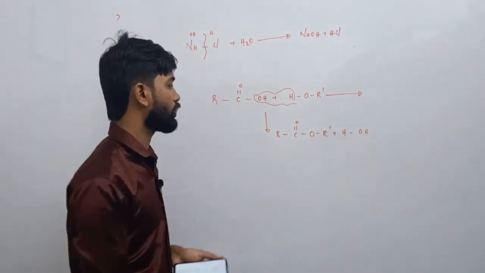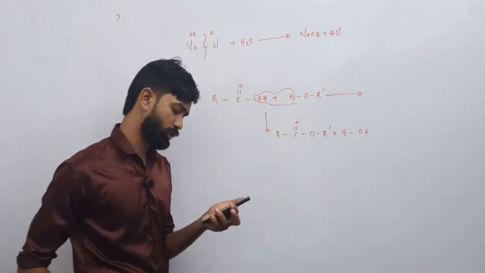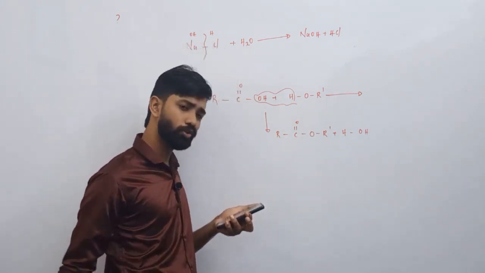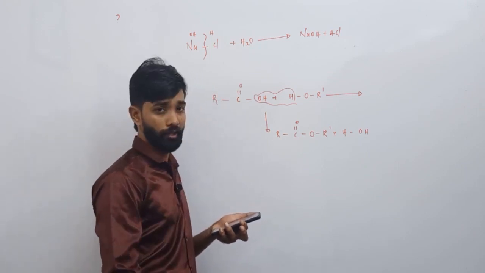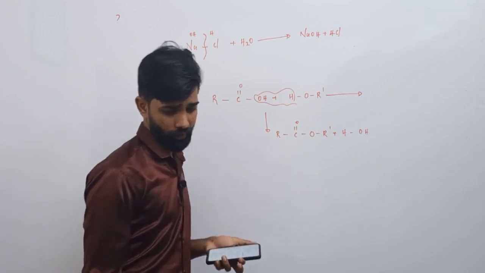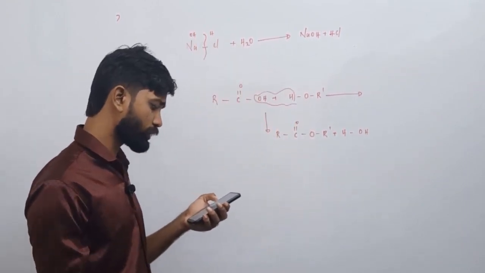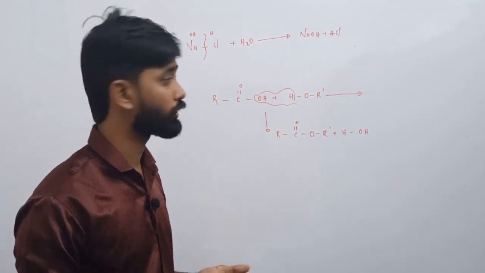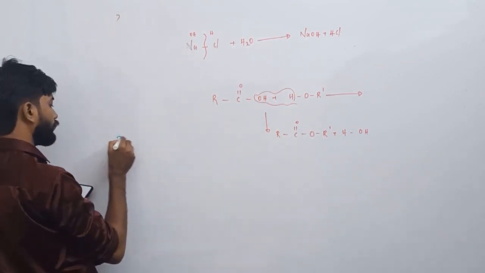So there is no change in oxidation state, right? Yes, there is no change in oxidation state, so this is also not a redox reaction. This is some kind of dehydration. So all of these have no concern with the redox reaction. Your choice is 4.